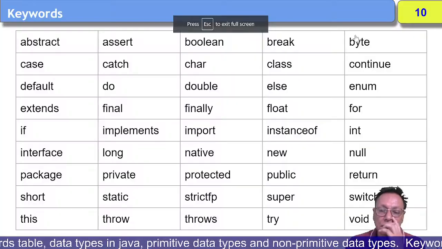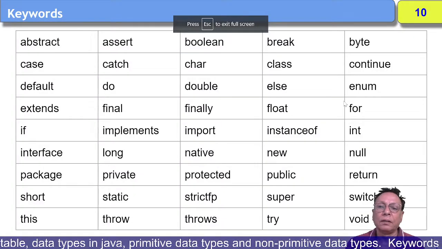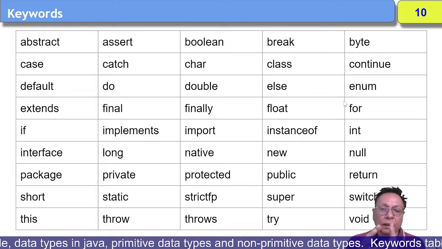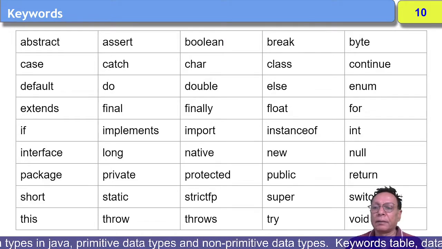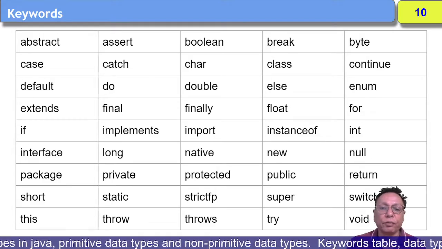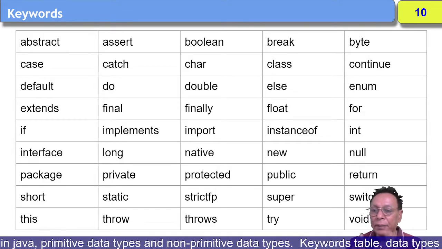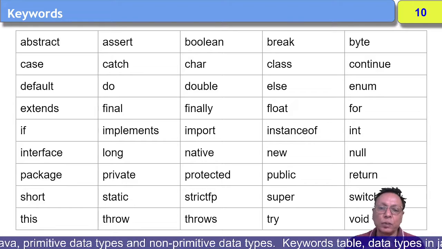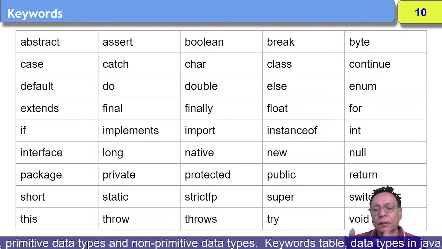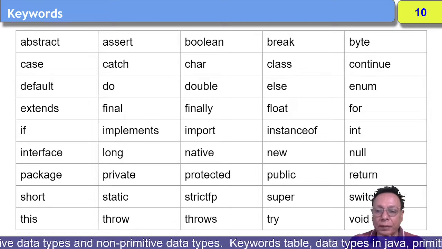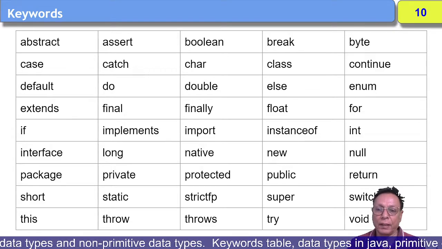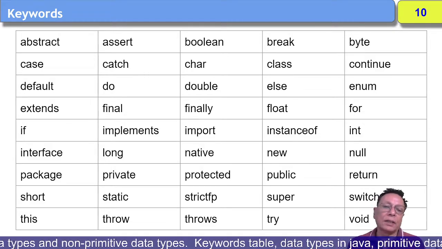So here this is a table of keywords. Abstract, assert, case, catch, boolean, break, byte, char, class, continue, default, do, double, else, enum. So if you see, these words tell you that we are the keywords and you cannot use us as identifiers.